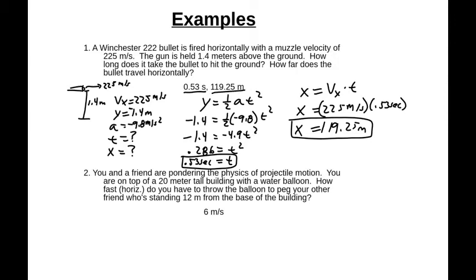Look at question 2. You and a friend are pondering the physics of projectile motion. You are on top of a 20-meter tall building. Again, draw the situation. I think that will help. With a water balloon, how fast do you have to throw the ball to peg your other friend who is standing 12 meters from the base?